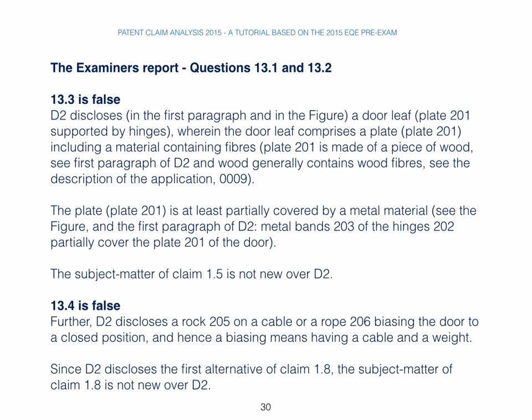See the description of the application, paragraph 9. The plate 201 is at least partially covered by a metal material. See the figure and the first paragraph of D2. Metal bands 203 of the hinges 202 partially cover the plate 201 of the door. The subject matter of claim 1.5 is not new over D2.